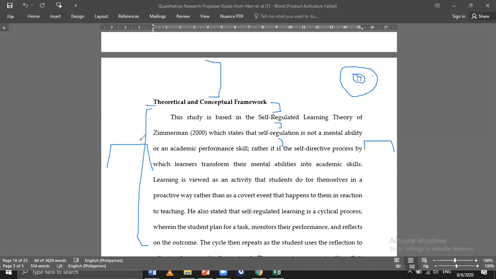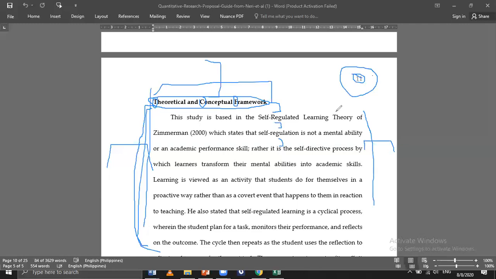And these are all in Book Antiqua 12. If you can also observe, the theoretical and conceptual framework heading is on the left side, in bold with the first letters in uppercase, except words like and, in, to, for. And this is in justified format. If you want to justify, you can just press Control J.